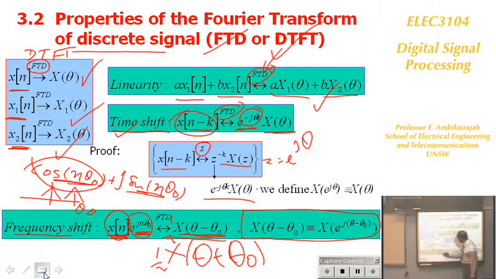That's only when this is replaced by only a cosine. So if you have the complex exponential, then you get only one spectral shift. If you've got cosine, then it will shift both sides. Not only shifting here, it will shift here as well, minus theta naught. But the amplitude, if this was 1, is all half.